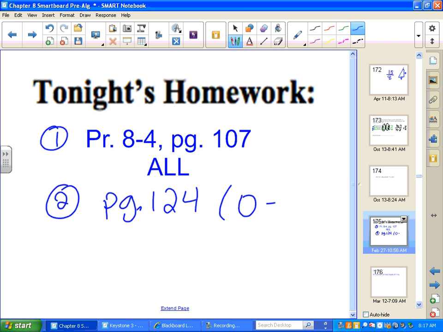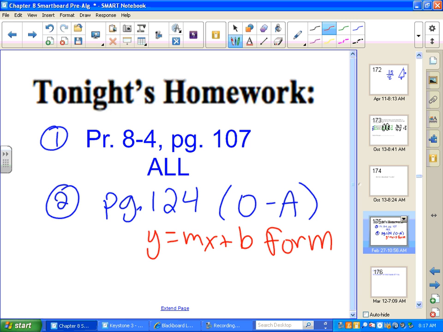It's function form. So after the slope worksheet, I want you to do 124 in your homework packet. O to A, it's only 5 problems. Just putting them in function form, ignore the directions. Just put them into y equals mx plus b form. Okay? We have about 10 minutes. It's an O. O to A. Yep. So 8.4 and page 124, O to A.